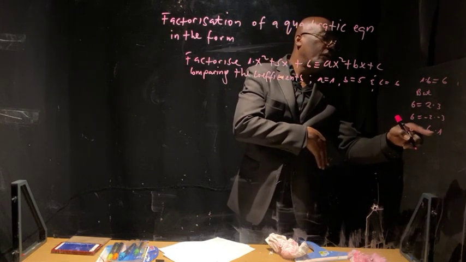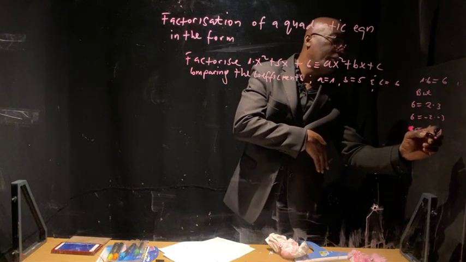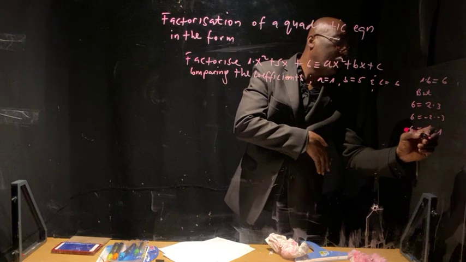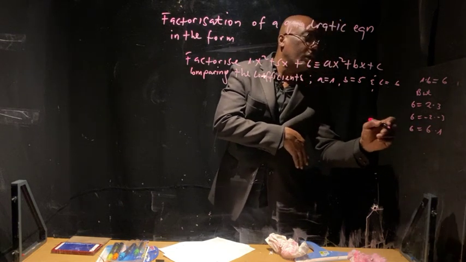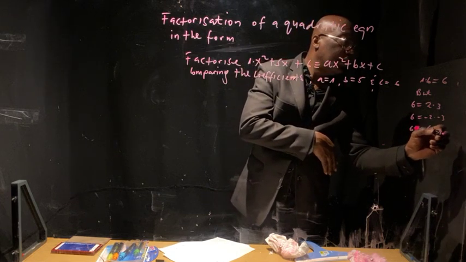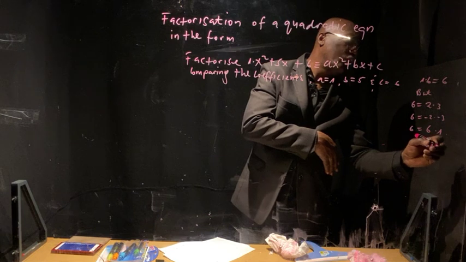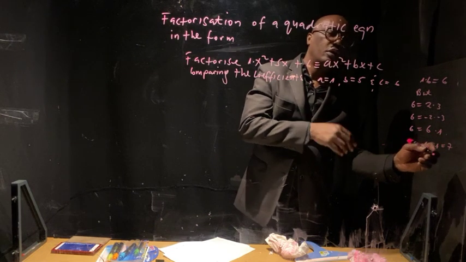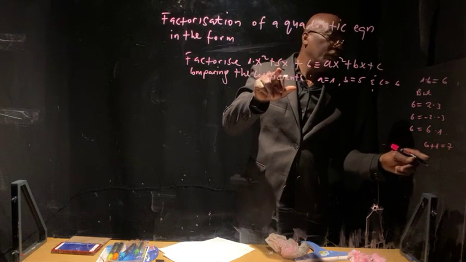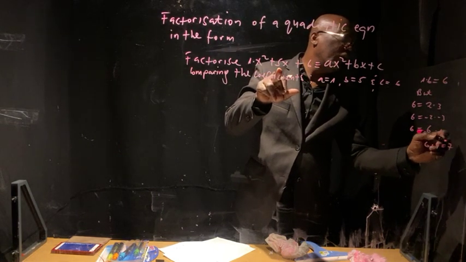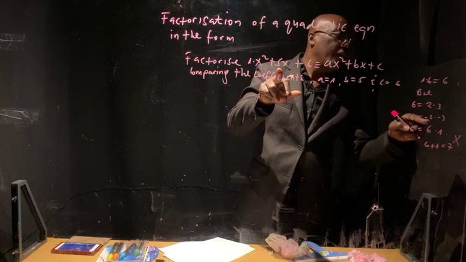If I take this one, for instance, 6 times 1 is equal to 6. But if I add them, it becomes 6 plus 1, which is equal to 7. Now, you check. Is the coefficient 7? No. Therefore, this one is ruled out.